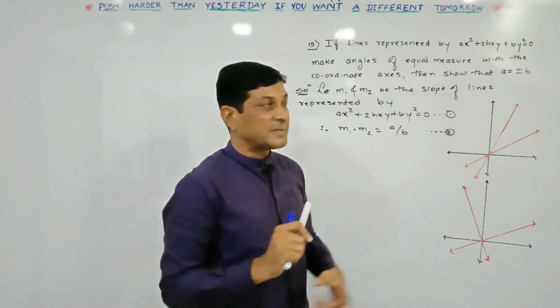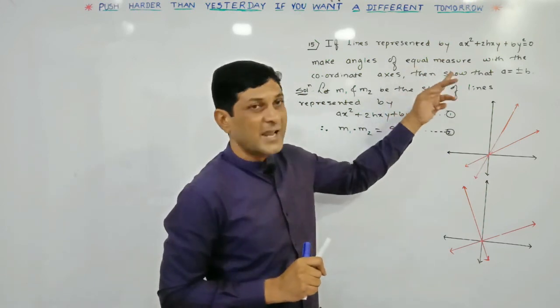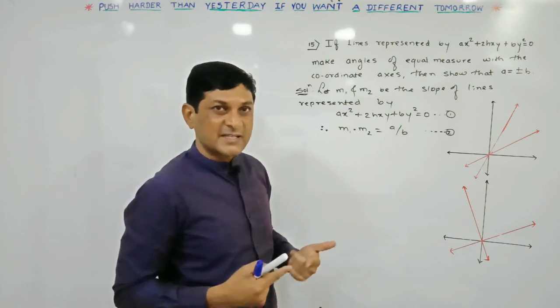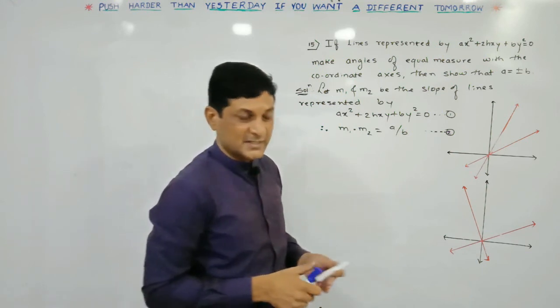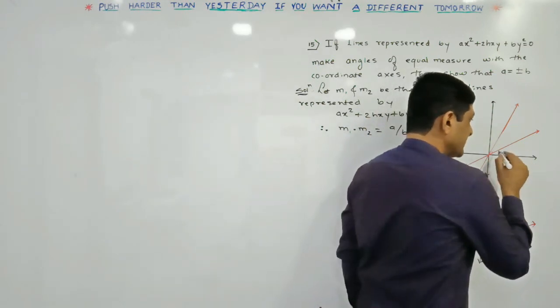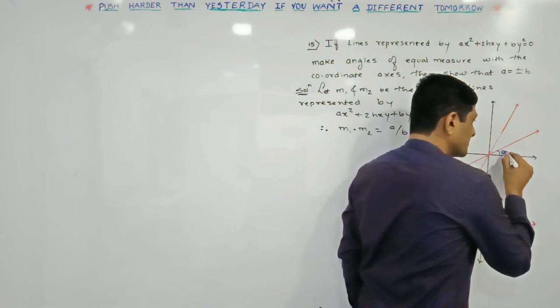It means the lines represented by this homogeneous equation make equal angles with the coordinate axes, that is, with the x-axis and with the y-axis. So let us denote the angle made by the first line represented by this equation with the x-axis as theta.